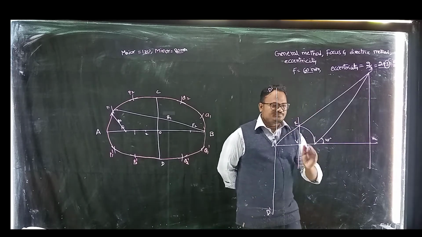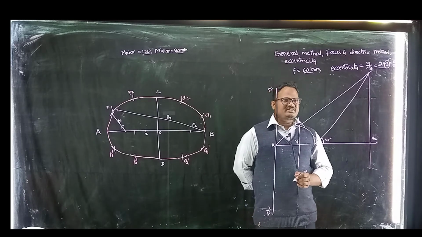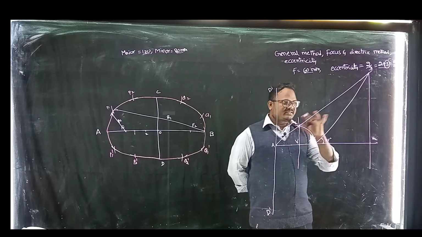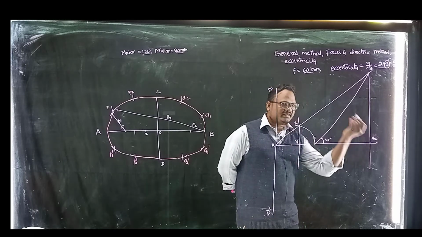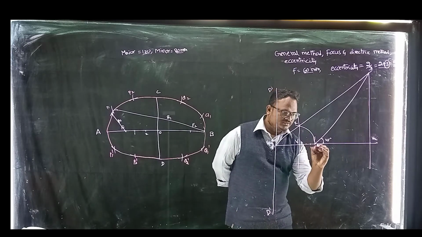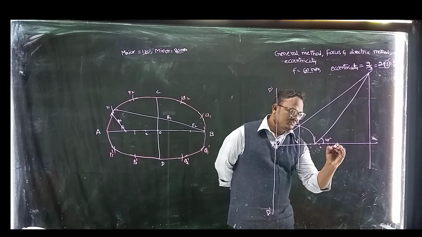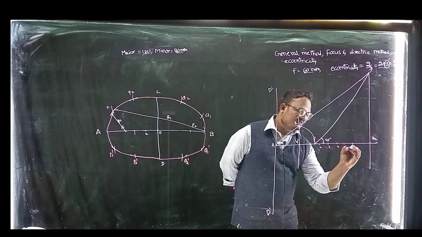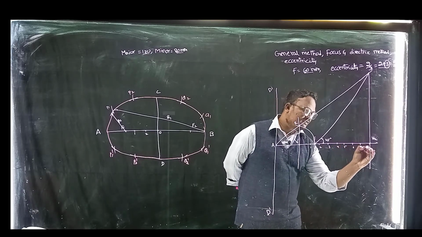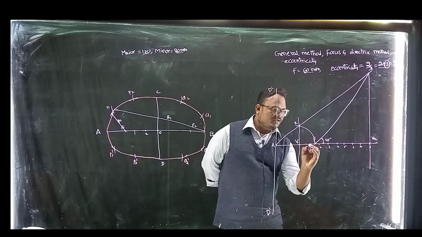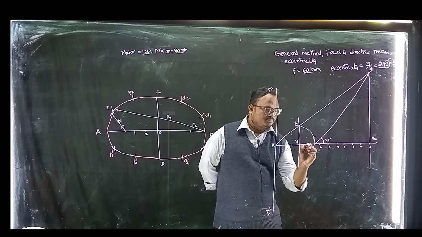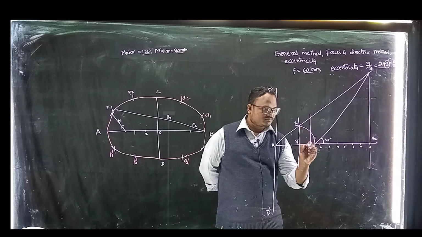You can divide this V1 V2 into equal parts. Actually, equal parts are not mandatory, but for exact diagram purposes I am taking equal parts. You can take any number of equal parts: 1, 2, 3, 4, 5, 6, 7, 8. Better to take 10 parts. Draw a vertical perpendicular like this.